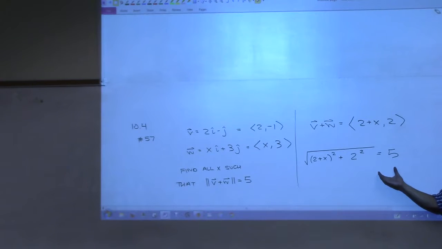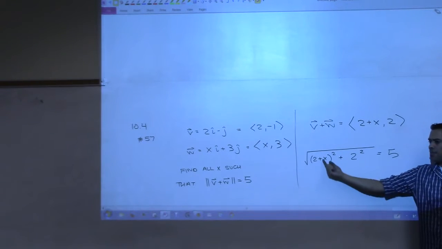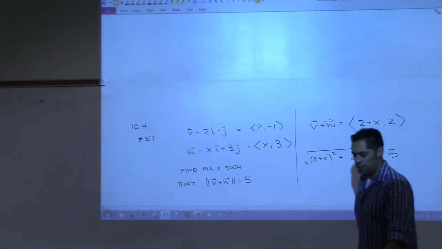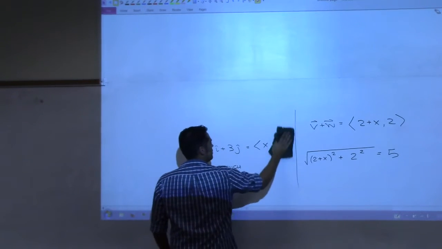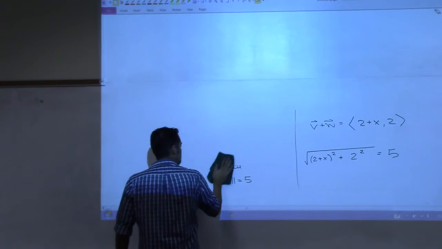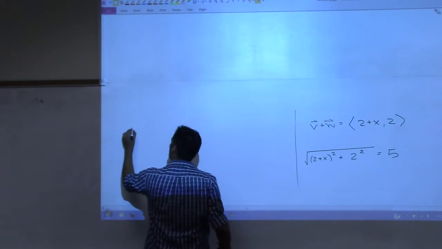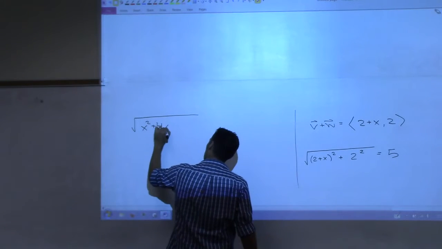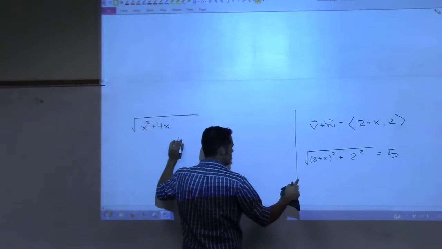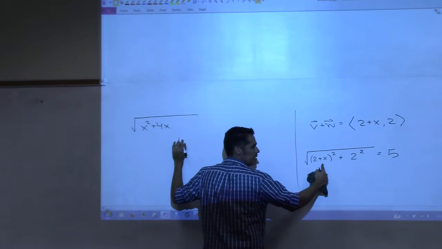Well, let's go ahead and just figure out what all this is in here. What's 2 plus x squared and then plus 2? x squared plus 4x plus 4, right? That's what this would be.